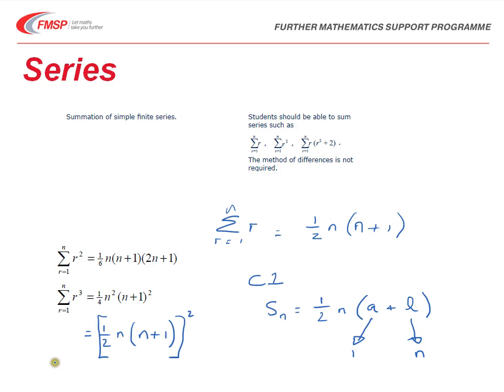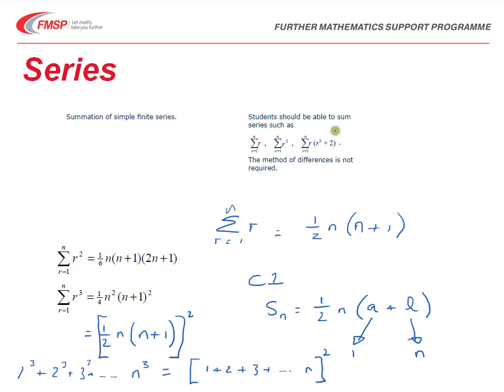What we're saying here, of course, is that the sum of the cubes, 1 cubed plus 2 cubed plus 3 cubed up to n cubed, is exactly the same as 1 plus 2 plus 3 up to n in a bracket and then all squared. Worth remembering, although it's unlikely to be asked directly within the context of FP1.